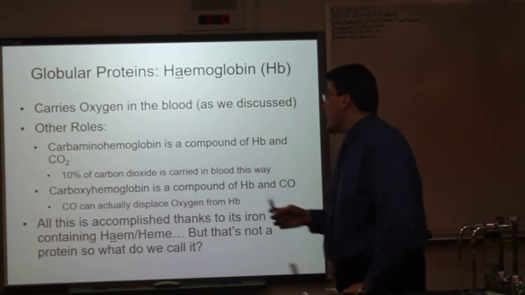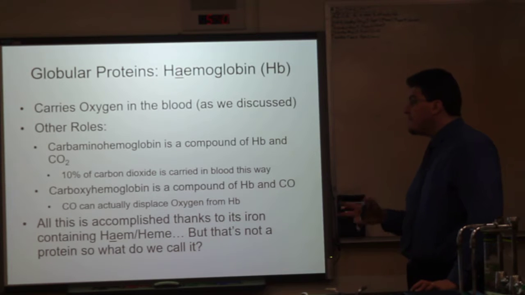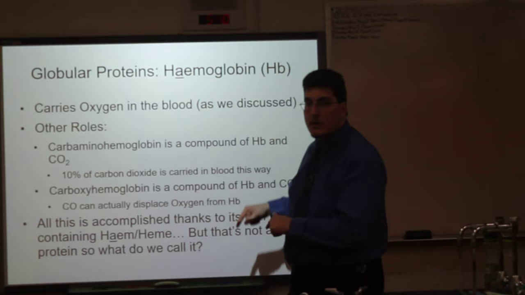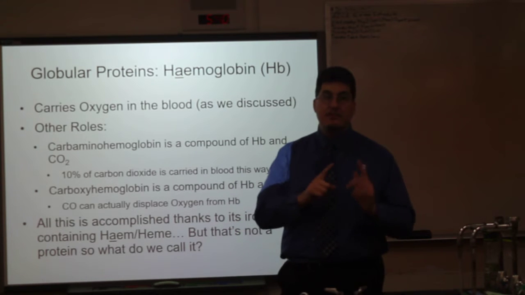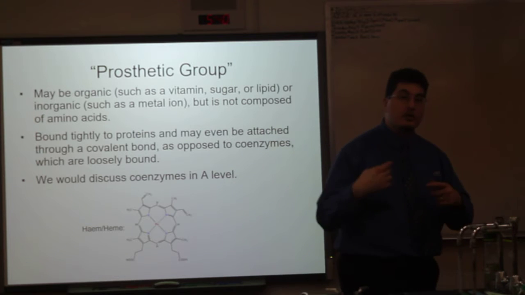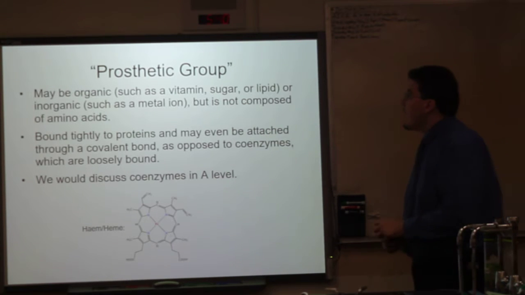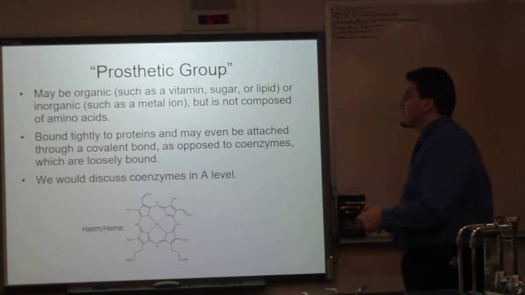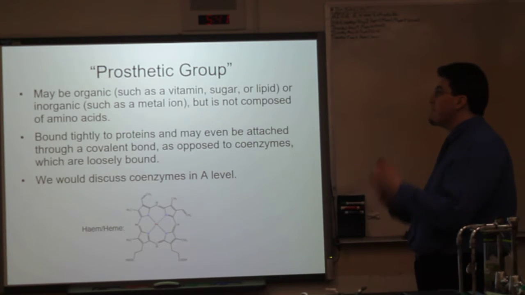So all this is accomplished thanks to the iron-containing heme, but that's not a protein. Because it's not a protein, but it's attached to a protein, it's not composed of amino acids, but it's part of a protein, we're going to call it a prosthetic group. Prosthetic groups may be organic, such as a vitamin, a sugar, a lipid, or inorganic, such as a metal ion.